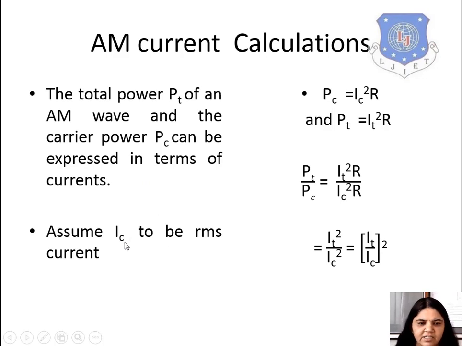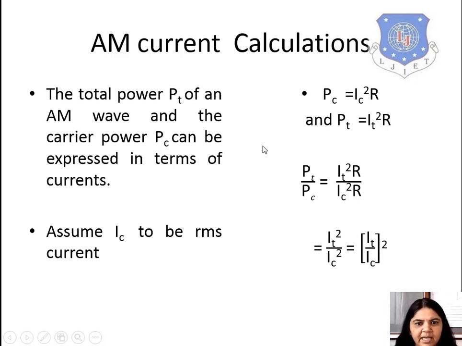So IT is the total current and IC is the carrier current, and the current that we are assuming is the RMS current. Now what is PC? P is equal to I square R, so PC is equal to I square R.